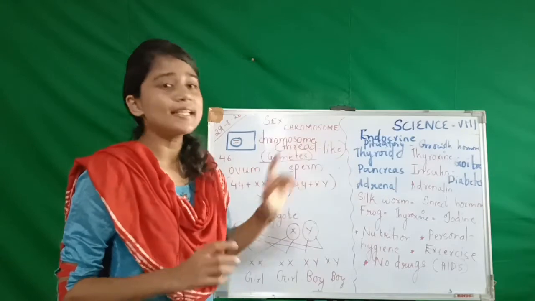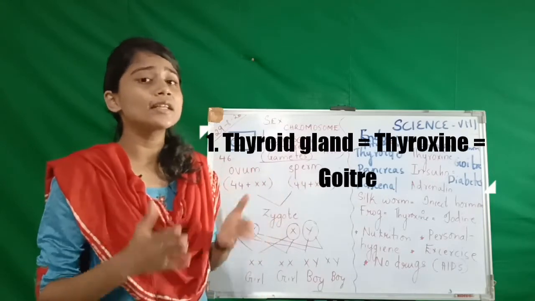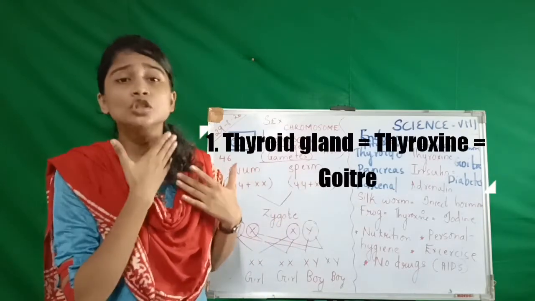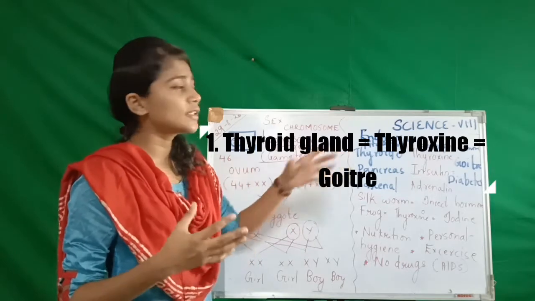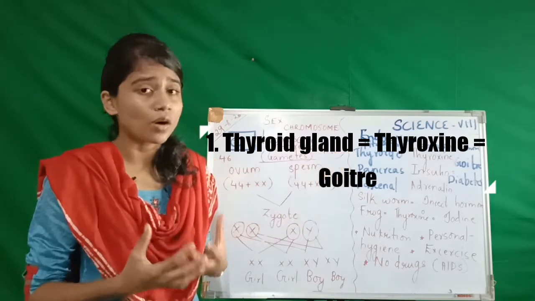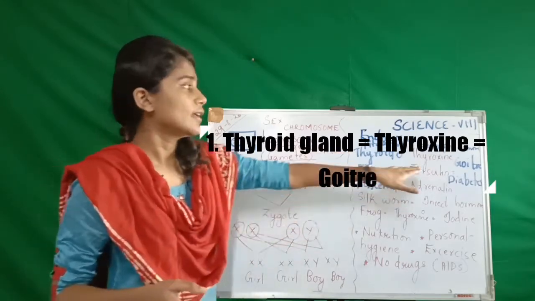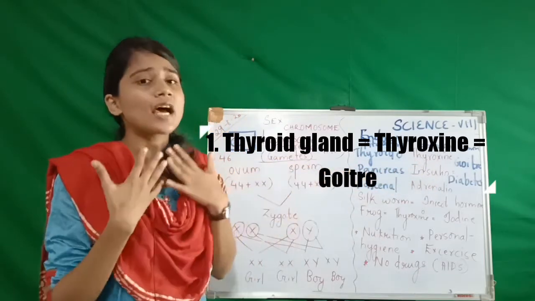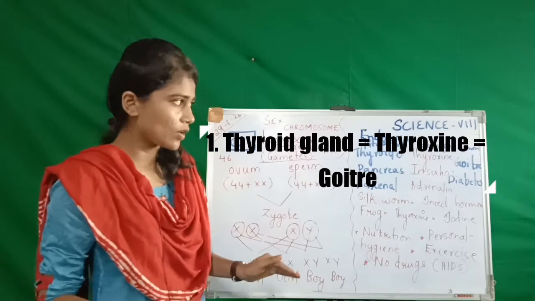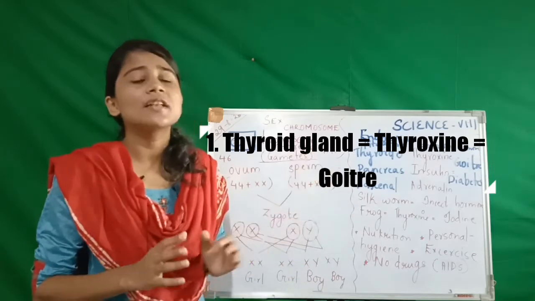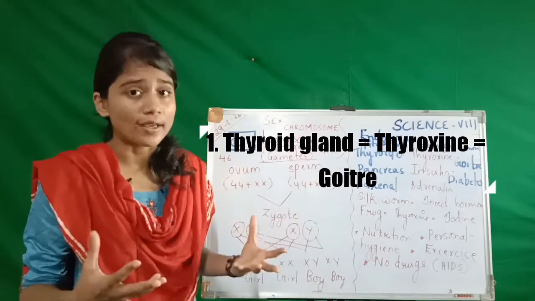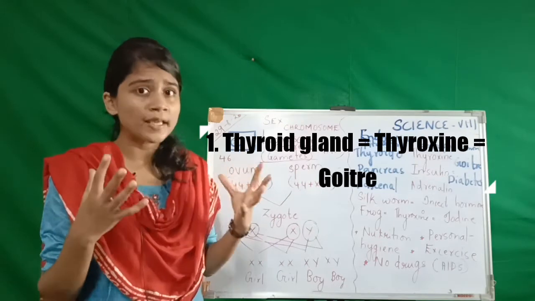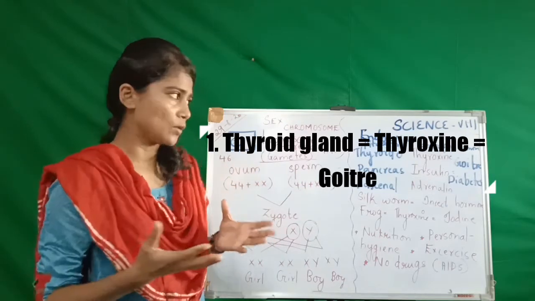The first one is the thyroid gland, seen near our throat region. This thyroid gland produces a hormone called thyroxine. If the thyroid doesn't produce enough thyroxine, then that person will have a disease called goiter, and your throat becomes big in size and bulges out.